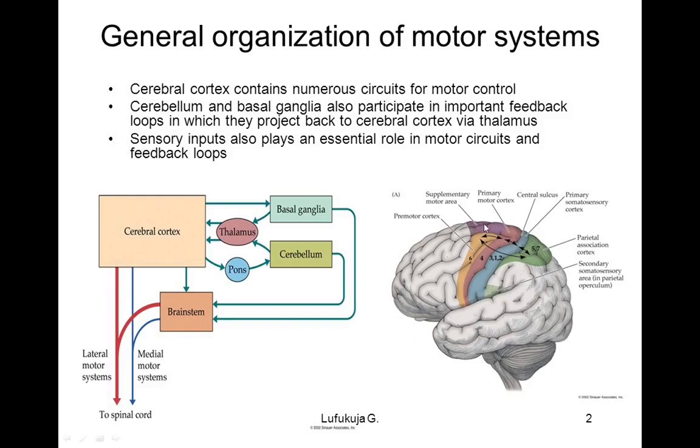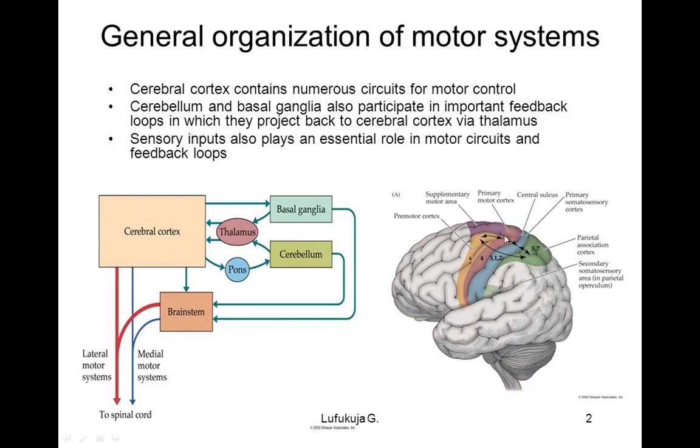The premotor cortex, on the other hand, is an area that sets the posture. And of course we get inputs from the somatosensory areas. You have reciprocal connections, rather interconnections, between the somatosensory cortex and different areas of the motor cortex: the primary motor cortex, the premotor cortex, the supplementary motor cortex.